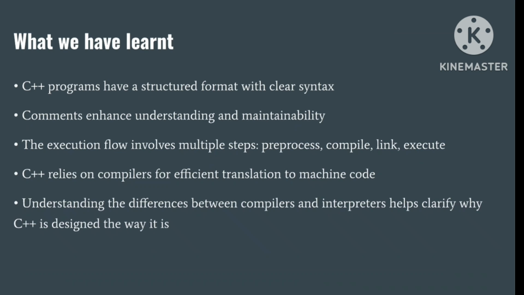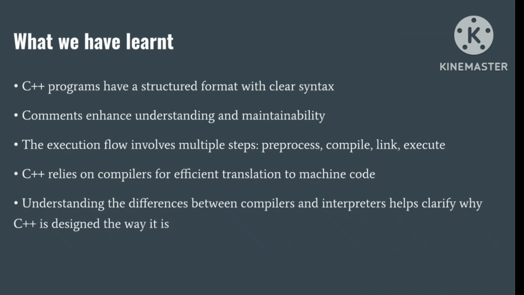So now we have reached the end of this session. Let's recall what we have learned. First is the C++ program, a structured format with clear syntax. The comments enhance understanding and maintainability of the code. The execution flow of a C++ program involves multiple steps: first preprocess, then compile, then link, then execute.